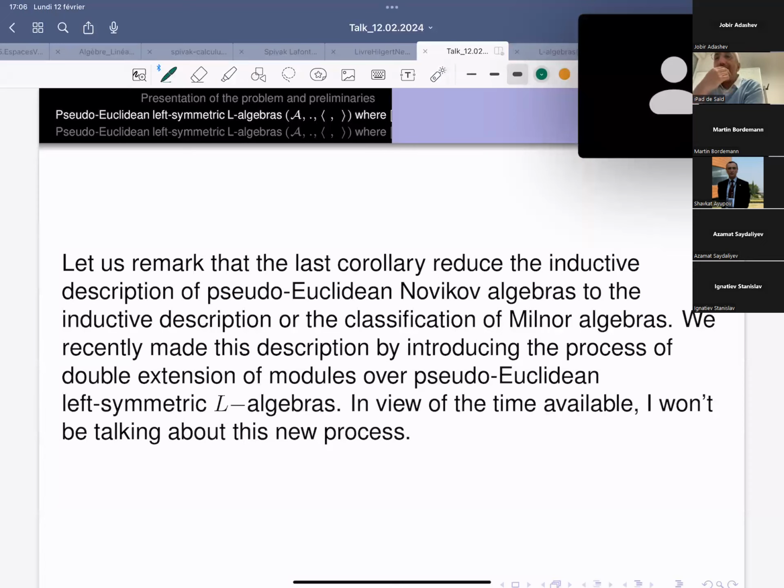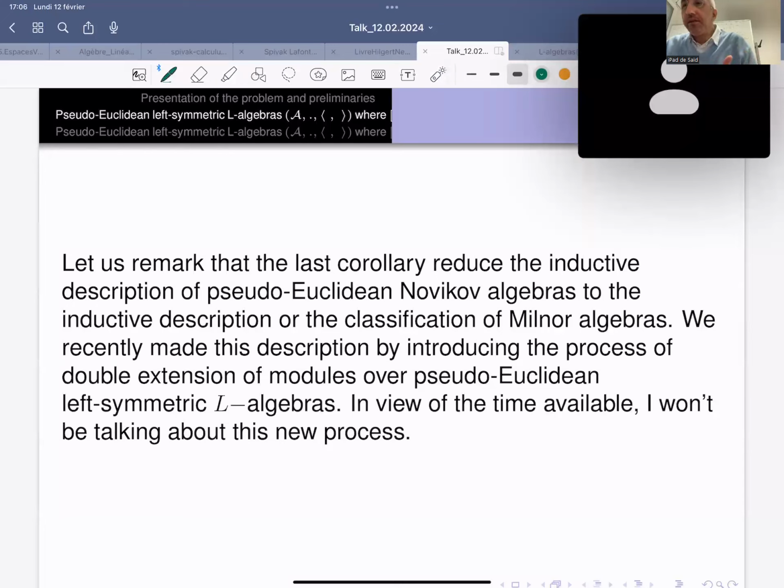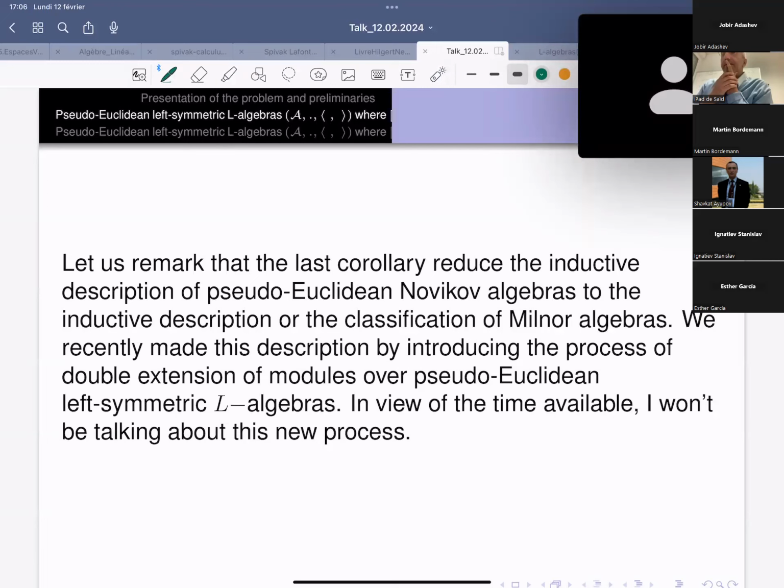But the minor algebra is not... In the Euclidean case, it is classified by minor. But in the case of non-degenerate, non-definite case, the minor algebra structure is not clear.